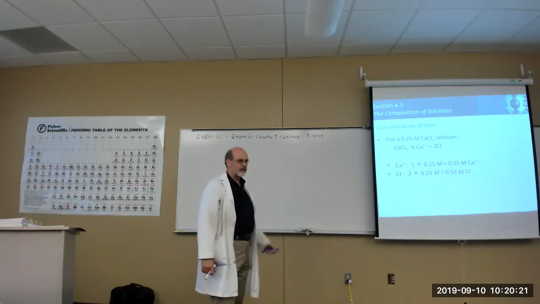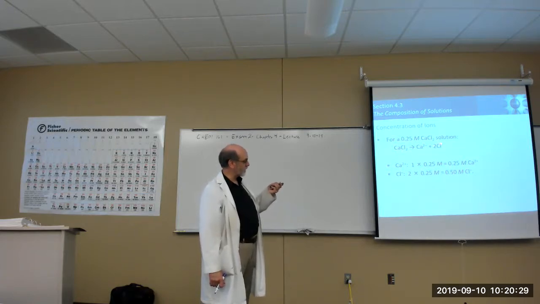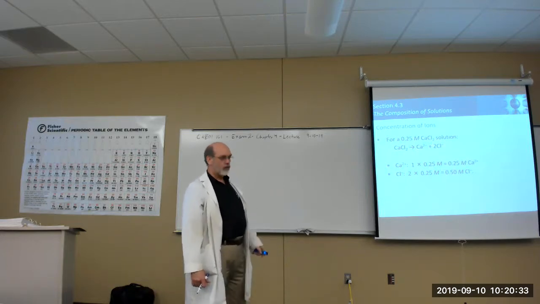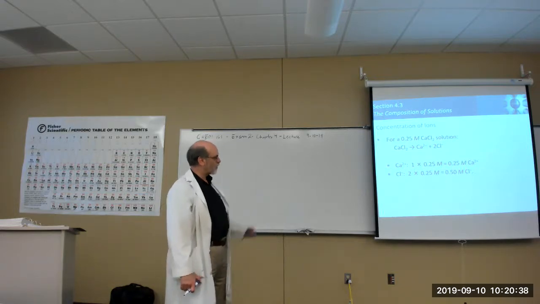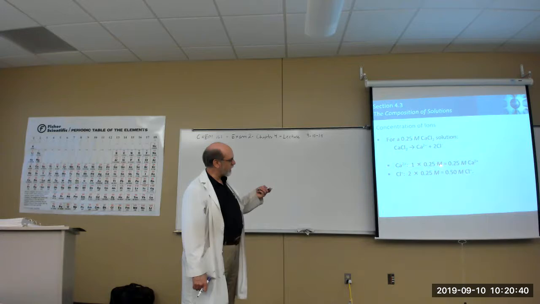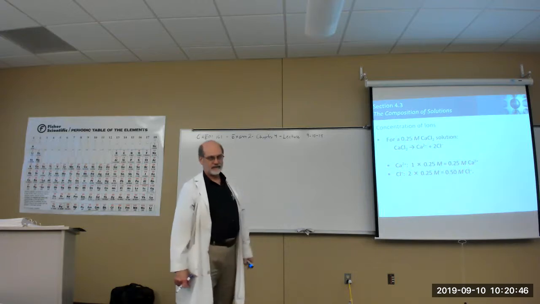But when we put it in solution, what happens to the calcium chloride? Well, it dissociates. We get 1 calcium and 2 chloride ions. So we started off with 0.25 moles of compound, but we ended up with 0.25 moles of calcium plus 0.5 moles of chloride.